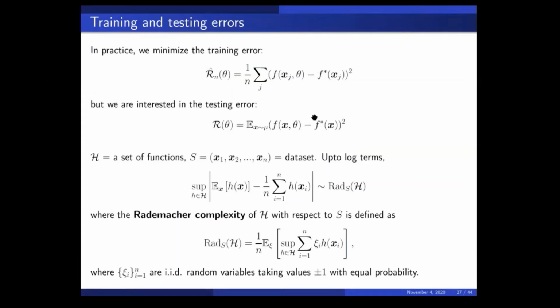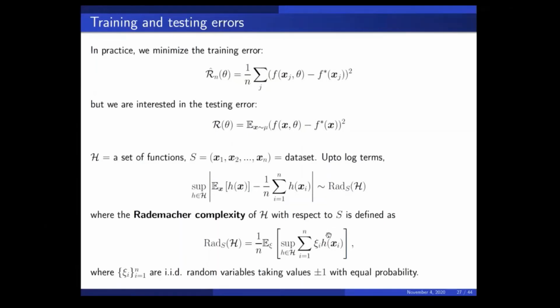So in order to control the difference between the two, in machine learning, there's an important notion called Rademacher complexity. And that's the one quantity that controls the difference between the two. Basically, the supremum of the difference is bounded above and below by Rademacher complexity.